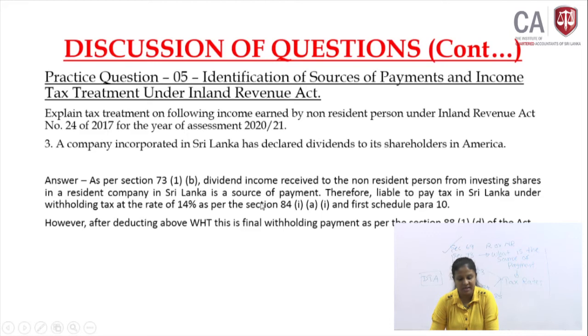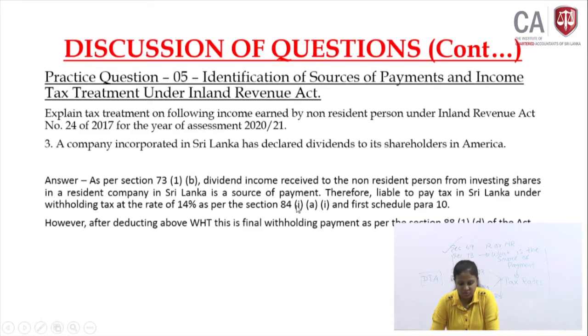Okay. As per section 73 1b, dividend income received by the non-resident person from investing in shares in a resident company in Sri Lanka is a source of payment. Therefore, it is liable to pay income tax in Sri Lanka under withholding tax at the rate of 14% as per section 84, the first para and para A, Roman 1, and the first schedule, para 10.